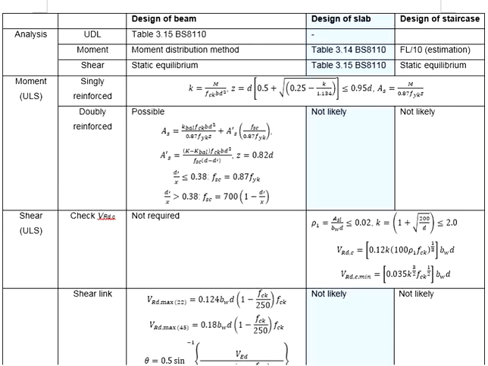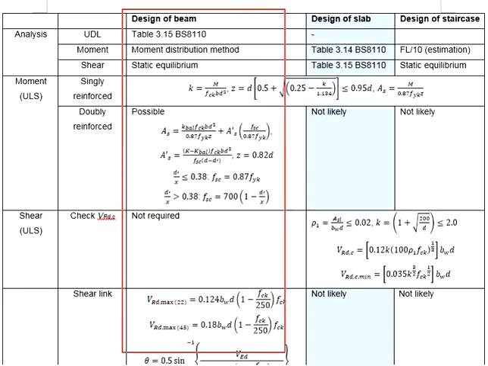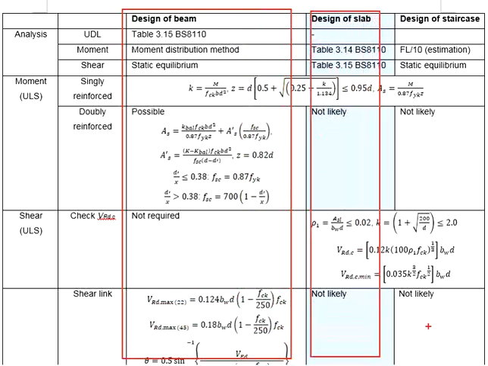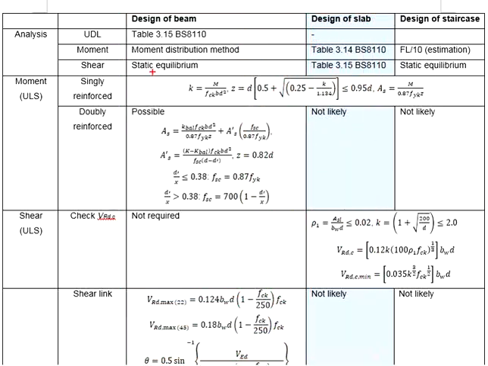You may refer to this table here. We have the design of beam, slab, and the staircase. Each type of structural element has its own unique steps, but there are also common steps. We shall go through them one by one.